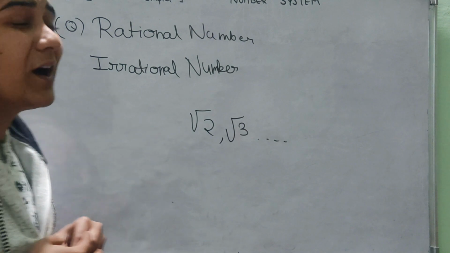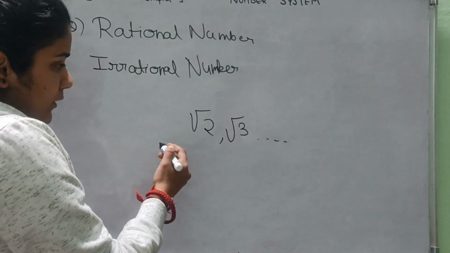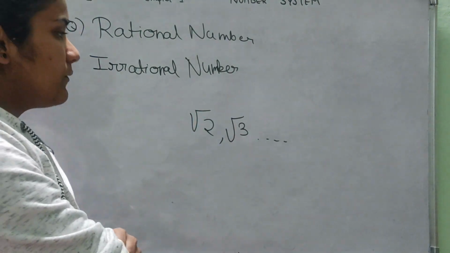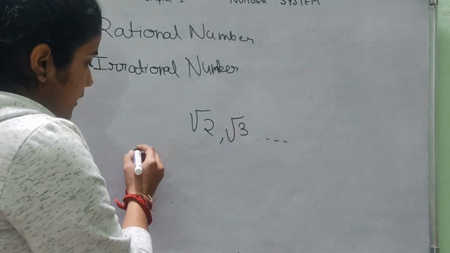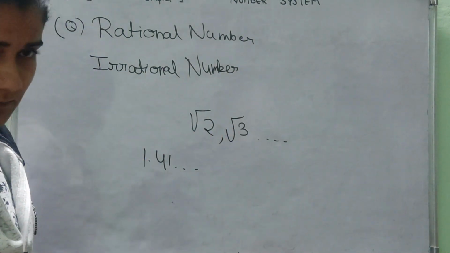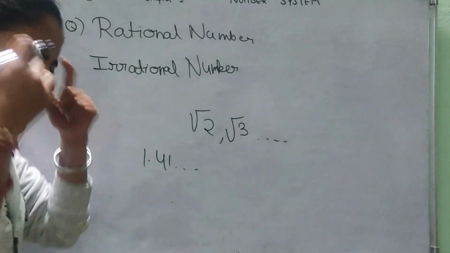Now why is root 2 an irrational number? Because when I show long division in further videos, when it is divided, there exists a number which comes to 1.41 and something, which is non-terminating and non-repeating. Now what are these new terms?